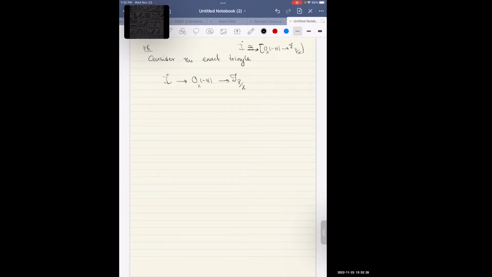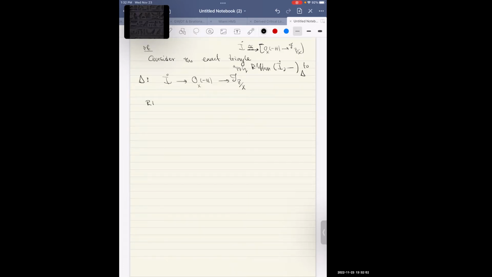apply the homomorphism Hom, for instance, Hom(I dot, blank) to this triangle, to delta. What happens is the following.